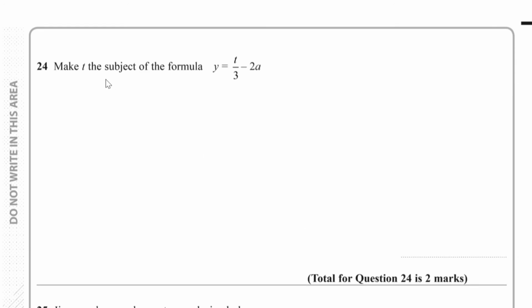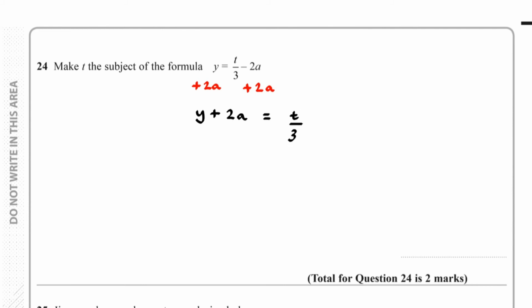Question number 24. We have to make t the subject of the formula y equals t over 3 minus 2a. Well, first thing we can do is add 2a to both sides. And if I do that, we will end up with y plus 2a equals t over 3.